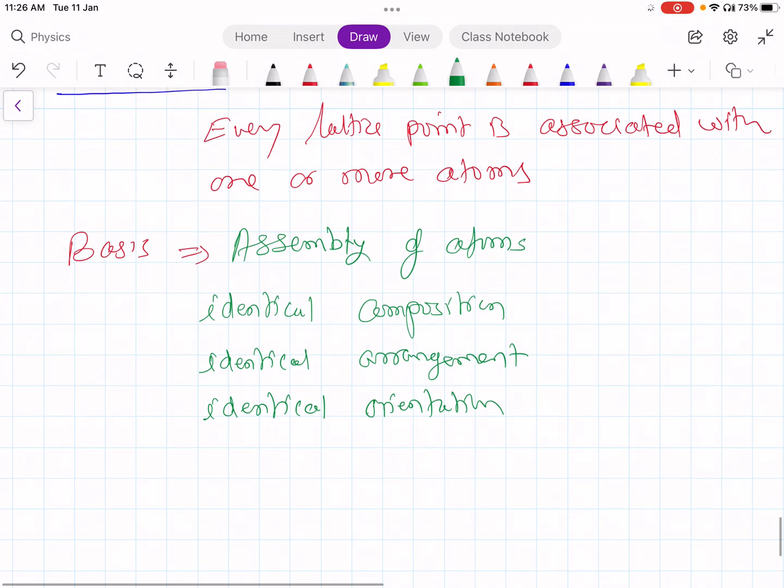In other words, you can say this basis is a building block.